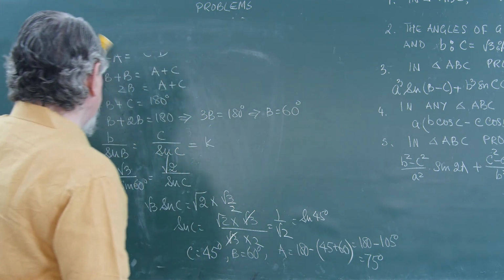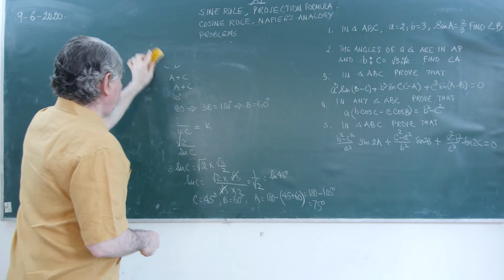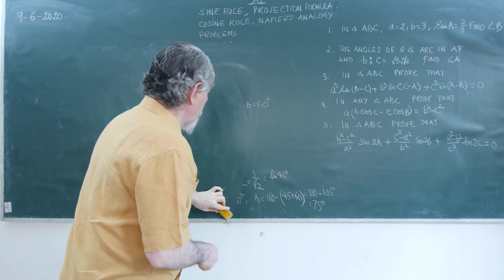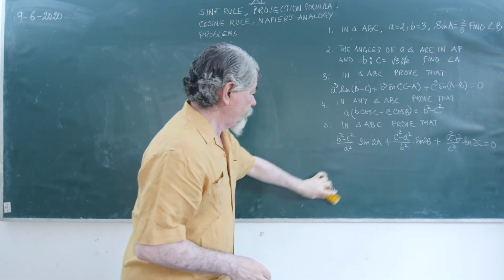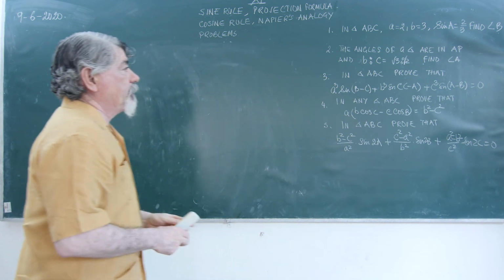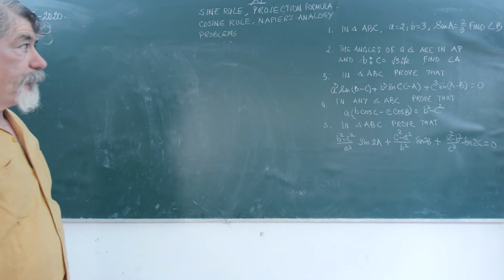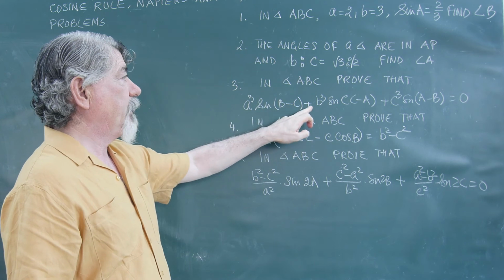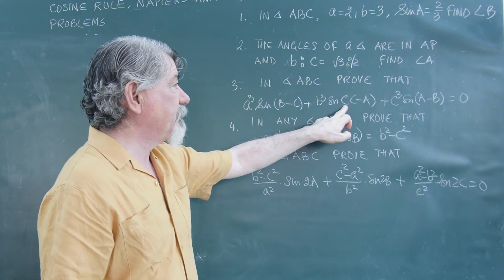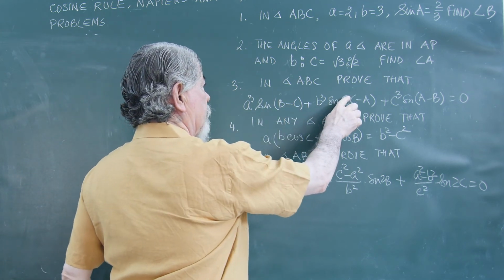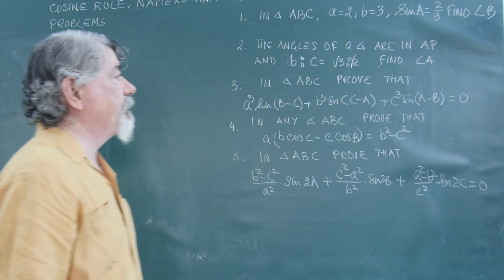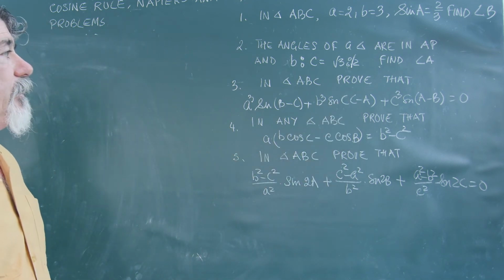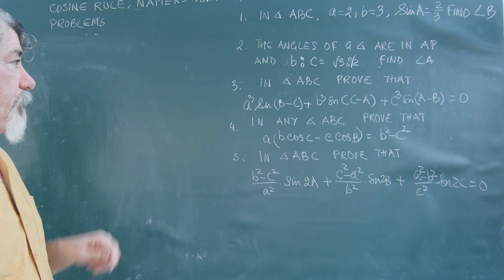Now let us see question number 3. If you look, it is a cube sine B minus C plus b cube sine C minus A, this is bracket, plus c cube sine A minus B is equal to 0.